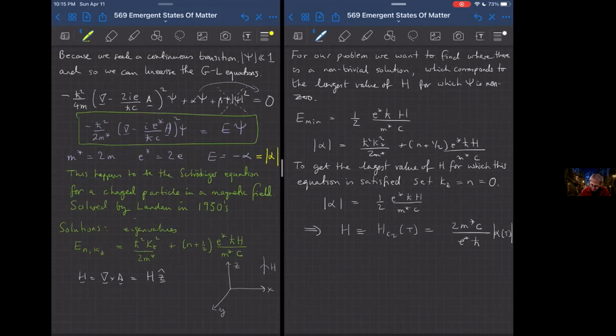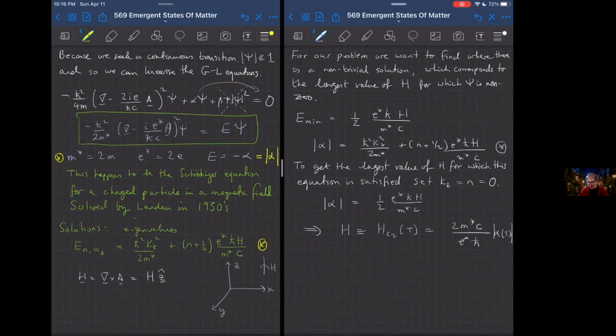Okay, so let me just go through the logic again. We have this relationship over here, which comes from solving the Schrödinger equation. We can translate that relationship using these correspondences between the time-independent Ginsburg-Landau equation and the time-independent Schrödinger equation. And so that gives us this equation over here, which has to be satisfied. So you tell me what t is, it has to be a t less than tc.